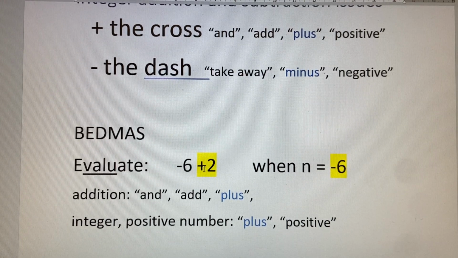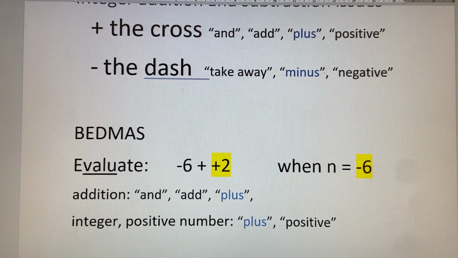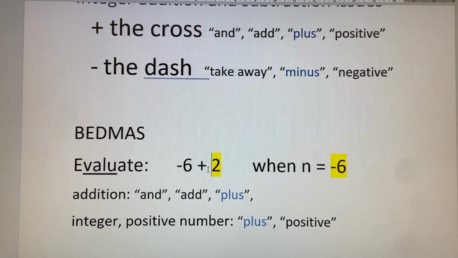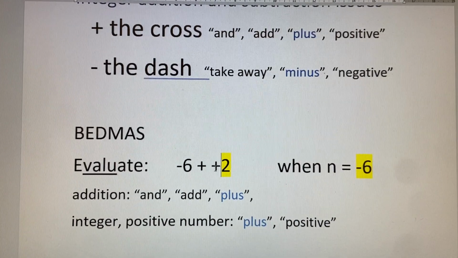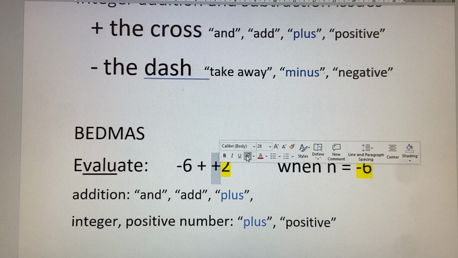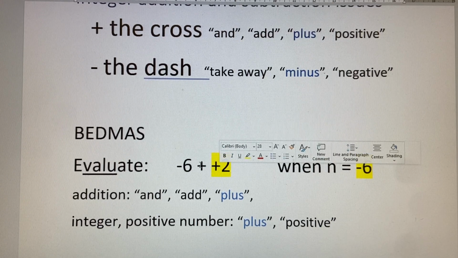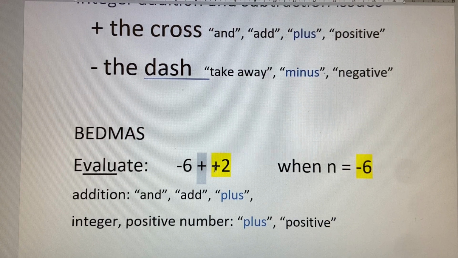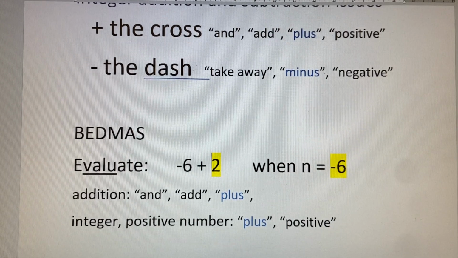In math this sense is always implied for positive numbers, so the same expression can be printed this way, but by math convention this is what's typically printed. And if I can put that plus back here, a -6 and a +2. So this is how it read to me, and this is where BADMAS rules are really important.